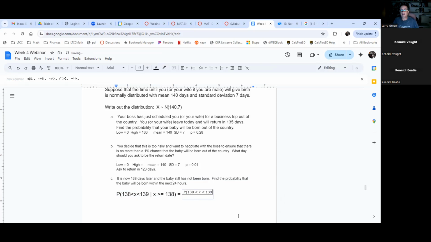Any questions so far? Divided by the probability of what's given, which is the probability of X is greater than 138. And just a reminder, whether it's greater than or equal to or greater, it doesn't make any difference for normal distributions. The edges don't matter, so I'm ignoring the equal.